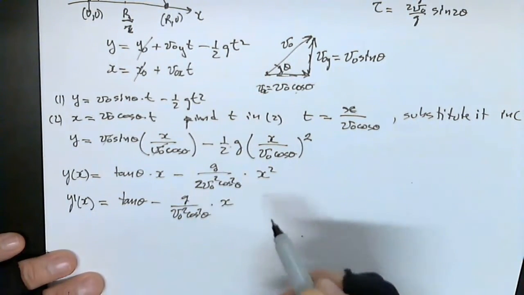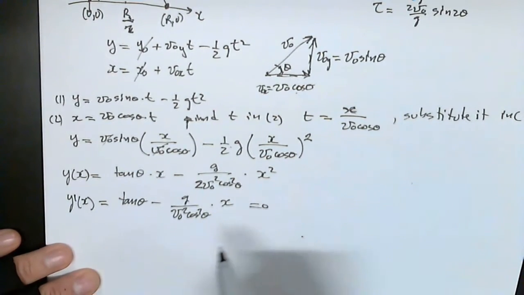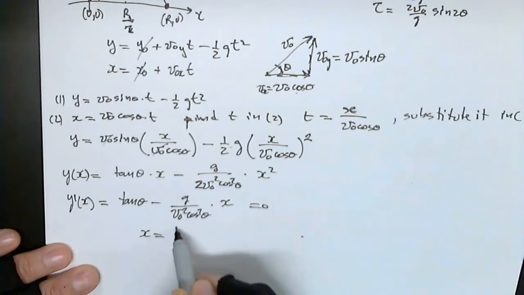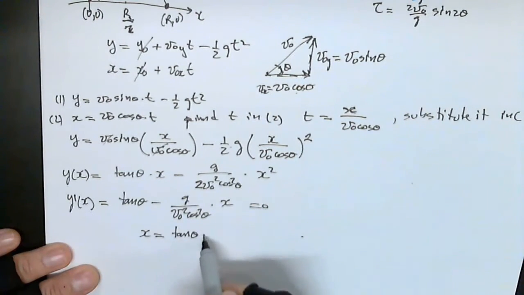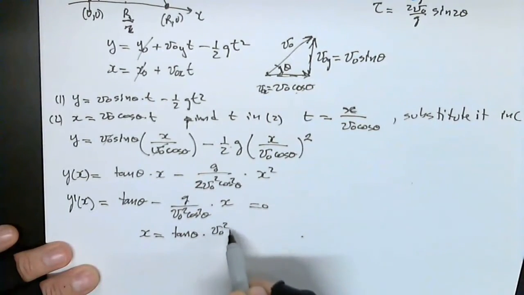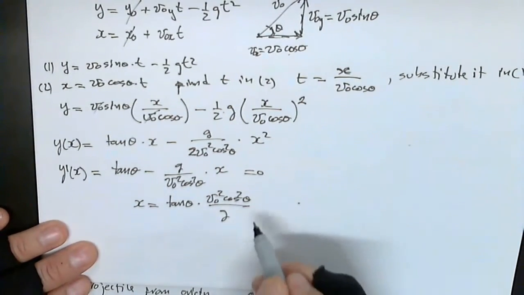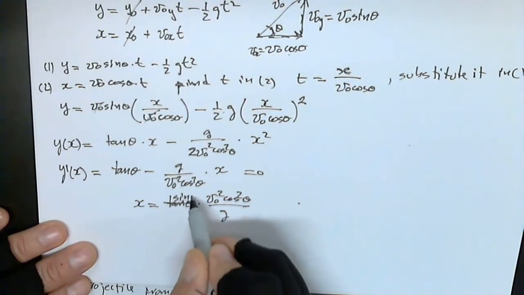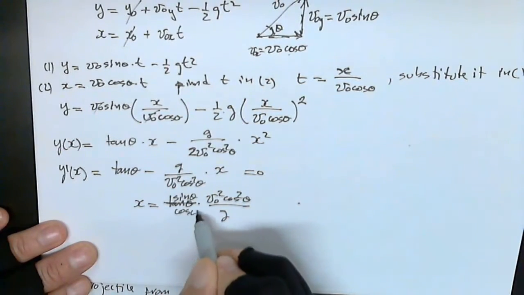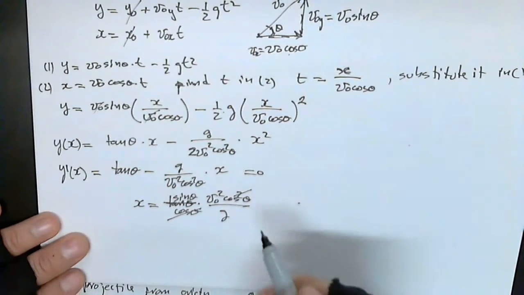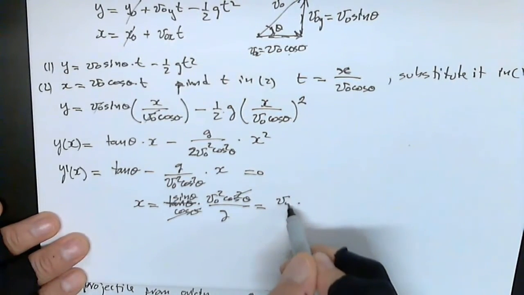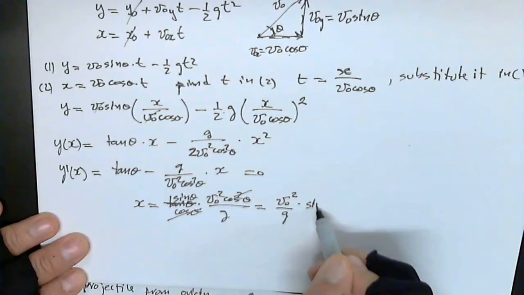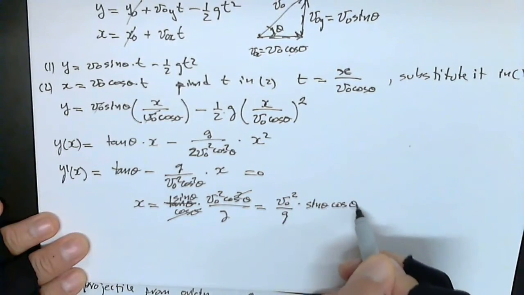times x. And if you set the derivative to 0, x is tangent of theta times v naught squared cosine squared over g. But tangent is sine over cosine, so one cosine cancels, and we get v naught squared over g sine of theta cosine of theta.